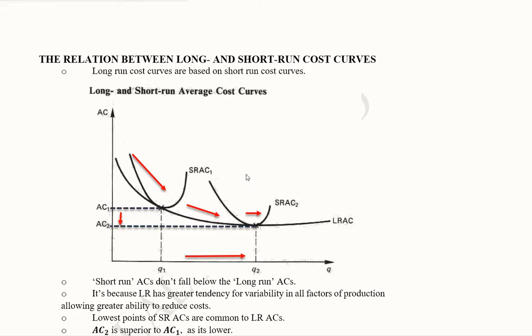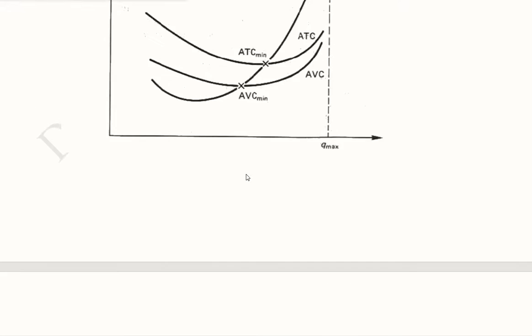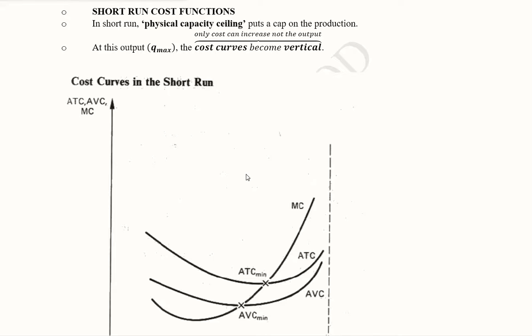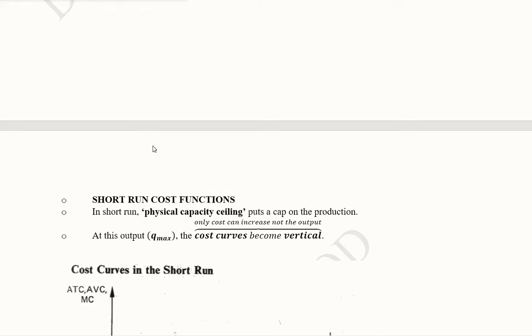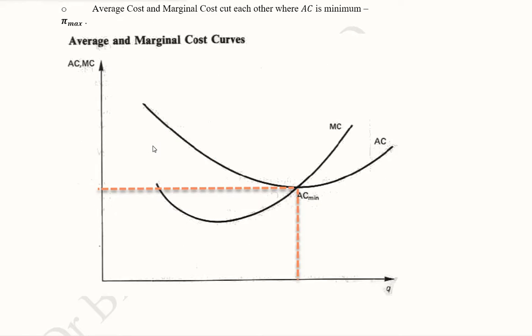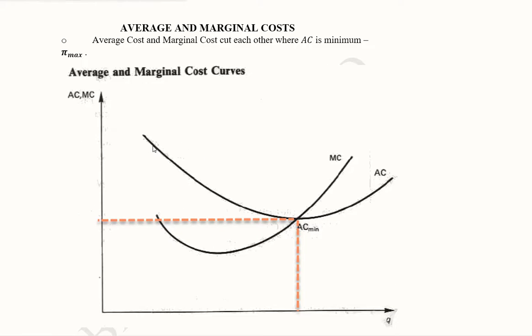So this is how the cost curves can be understood in the short run and in the long run, and how we can use them to find the minimum level of the average cost function that leads to profit maximization.